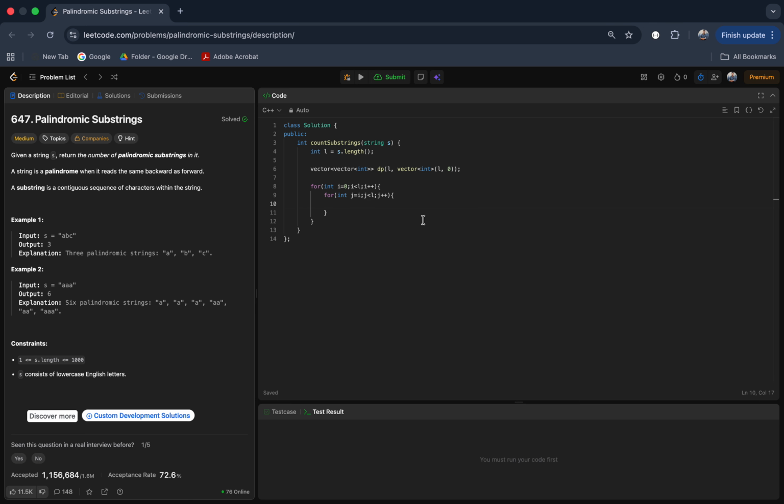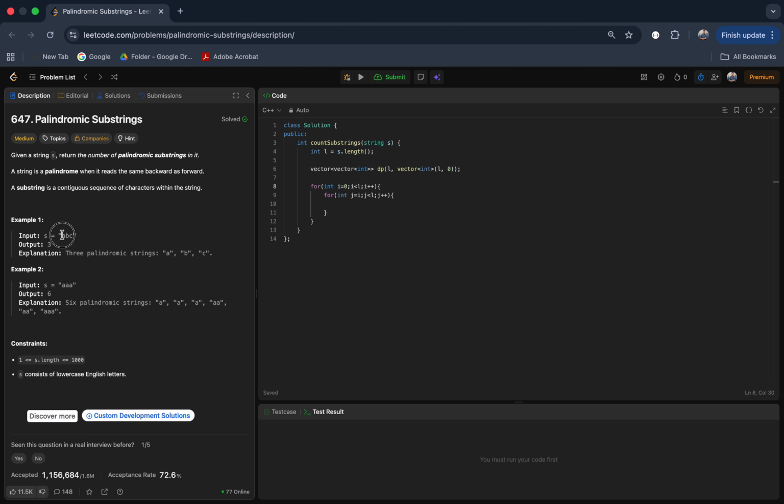I don't think we can go in a row wise manner like we did earlier, because we need to have our initial conditions on each index for i equal to j.